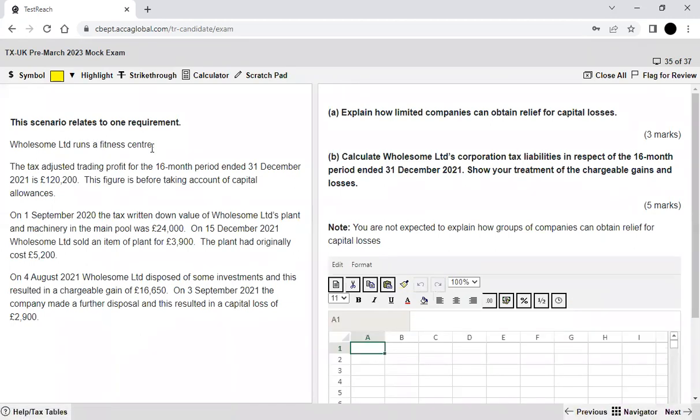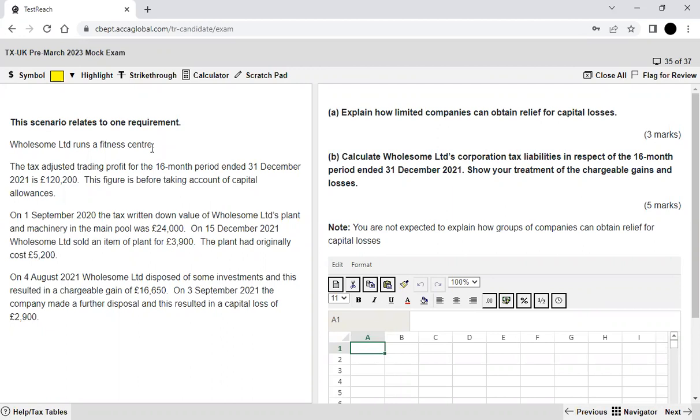Wholesome Limited runs a fitness center. The tax adjusted trading profit for the 16-month period ended 31st December 21 is 120,200. This figure is before taking account of capital allowances.